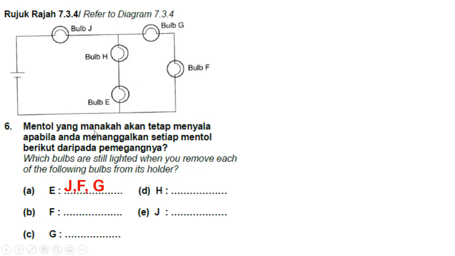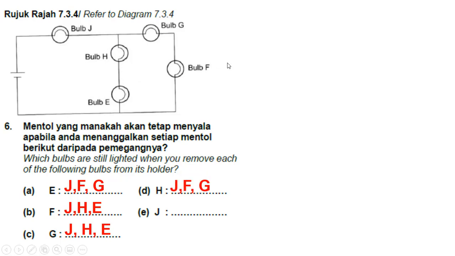Remove bulb F. J, H, and E light up. Remove G. Same thing, J, H, and E. Now remove bulb H. Current cannot flow through this bulb, it will go to the other, so J, G, and F light up.